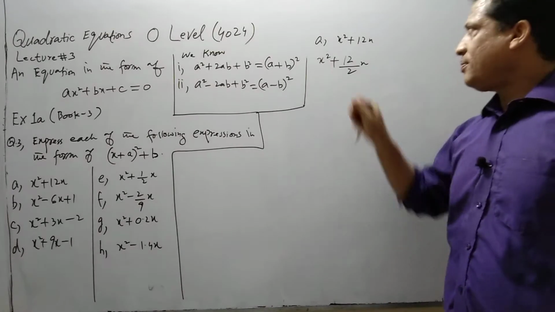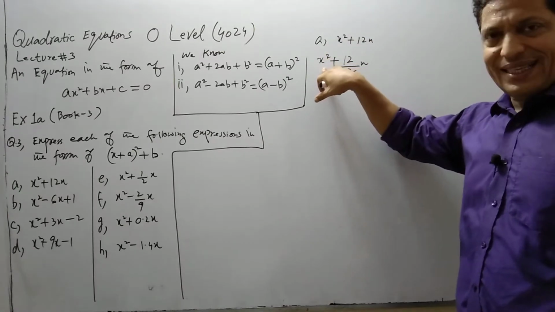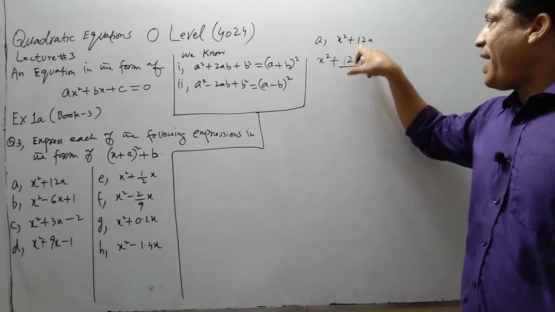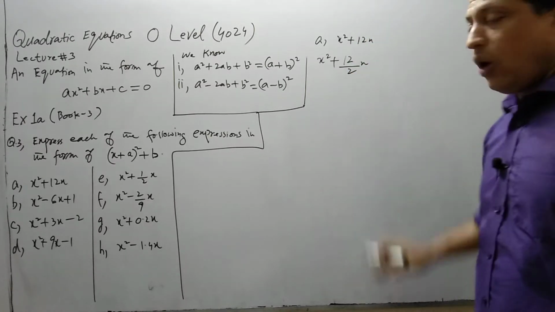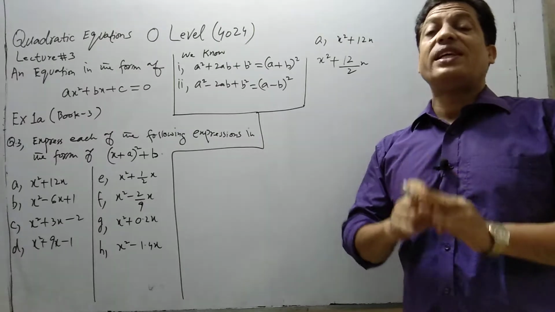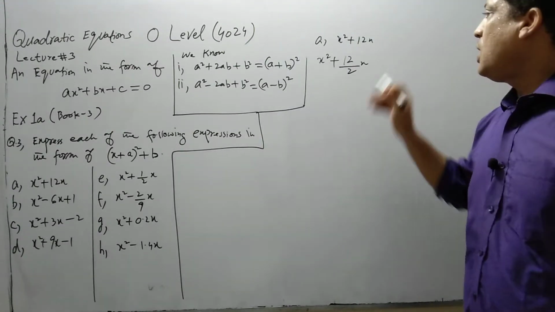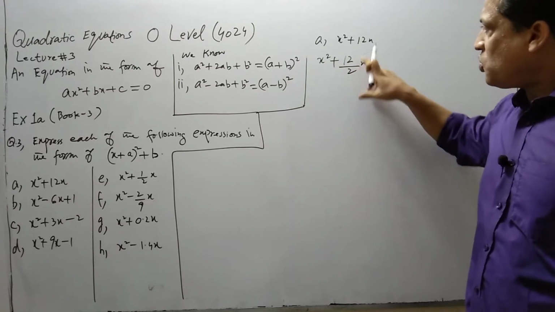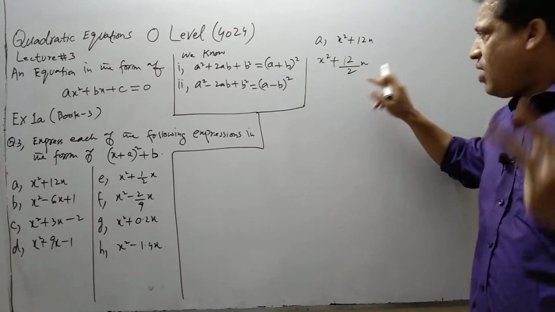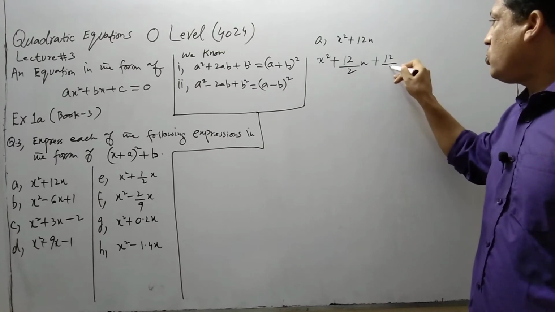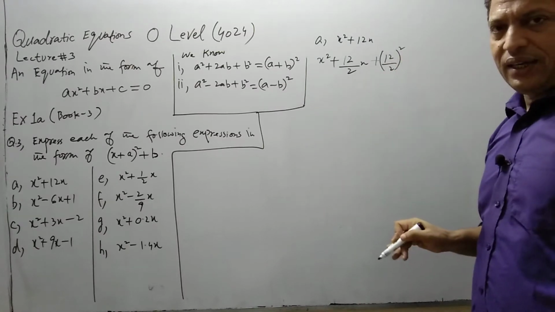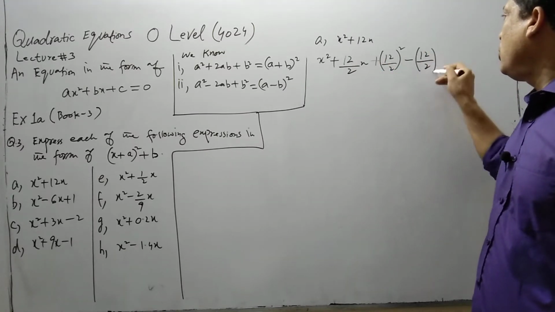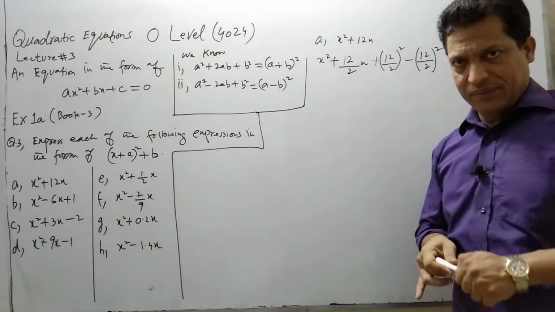I repeat again: x square is written as it is, and divide the coefficient of x by 2. Always divide by 2? Yes, always divide by 2, only 2. Now, what you are seeing is the coefficient of x, 12, upon 2. You have to add (12 upon 2) square with a plus sign and (12 upon 2) square with a minus sign.